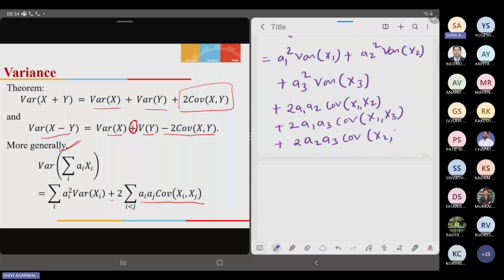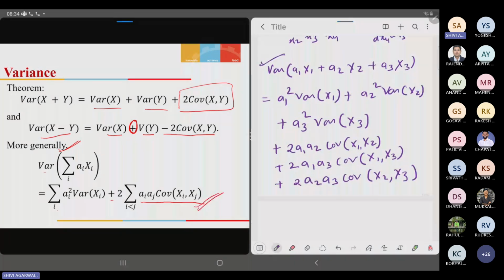So this is the particular form of this general formula. It is given in the summation form, but we have opened it for three variables, and these a1, a2, a3 are the constants.